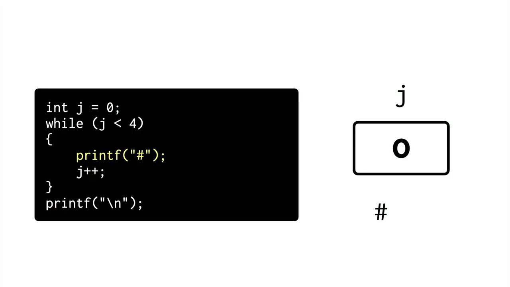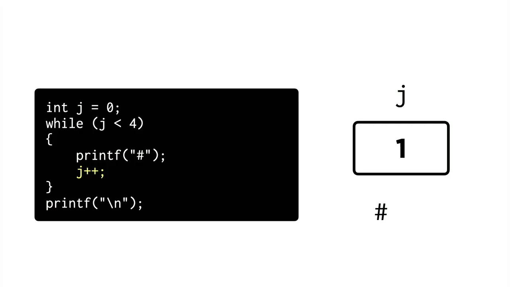So now I've gone and I've said, well, is j less than 4? It is. It's currently 0. So I'll print out a single hash. And then what will I do? I'll then say, let's increase j by 1 using the syntax of ++, some syntactic sugar here, to say j is now 1 more than what it previously was.